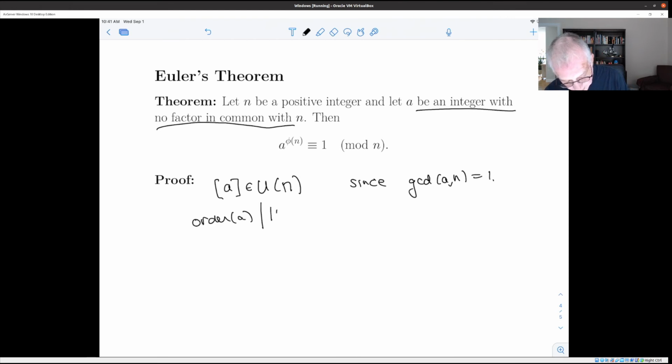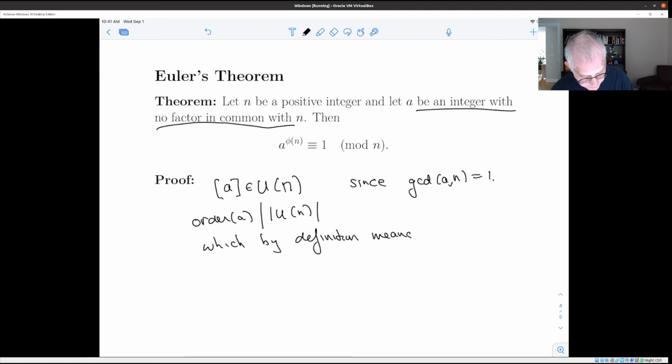And so therefore the order of a divides the order of U(n) by the same method that we used before, which by definition means that the order of a divides phi of n.